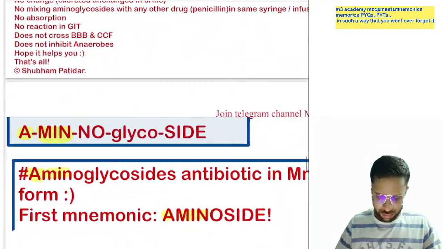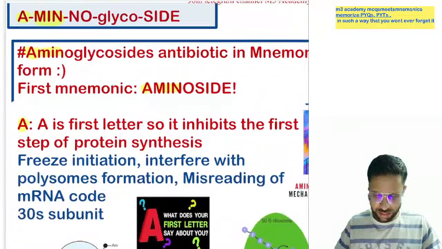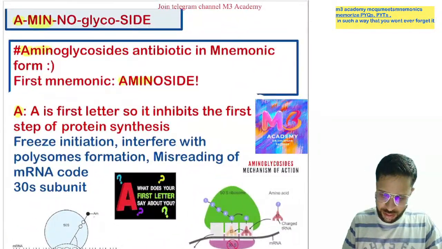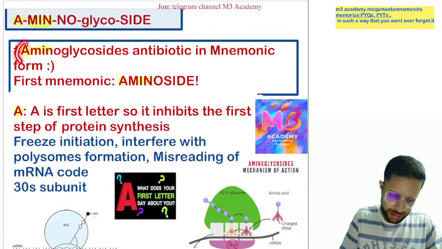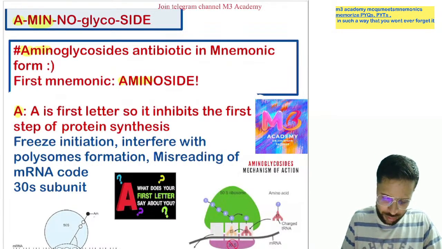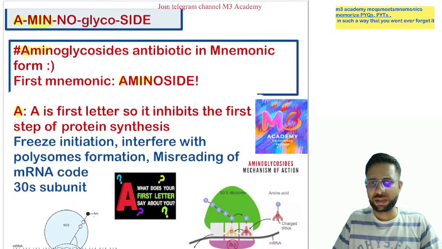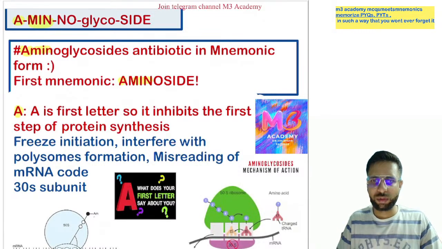As you see, aminoglycoside starts with the A, and A is the first letter of the alphabet. So aminoglycosides inhibit the first step of protein synthesis.